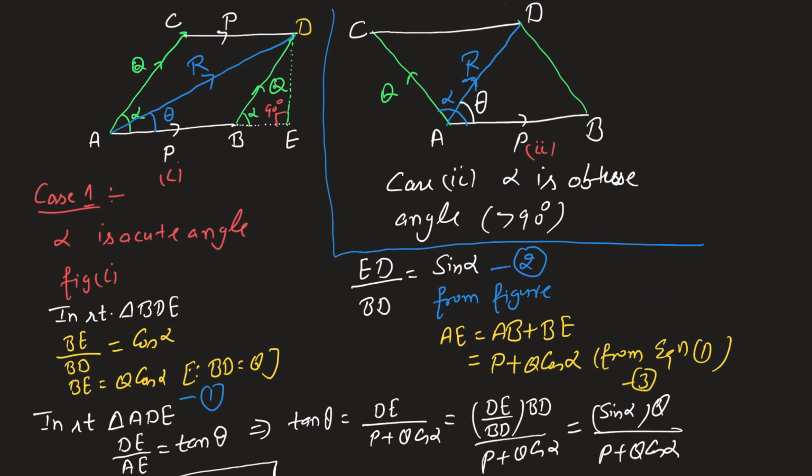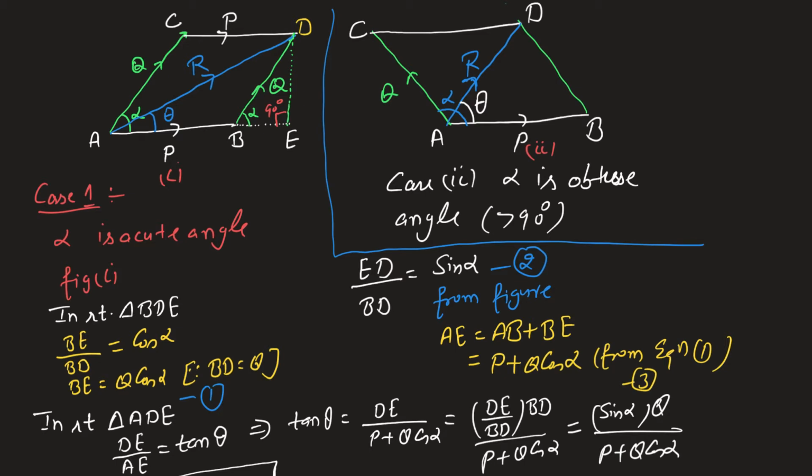Also, if we see the right angle triangle ADE, the hypotenuse is this one. This is 90 degree. So what is the Pythagoras theorem? AE square plus ED square is equal to AD square. I will be using the Pythagoras theorem.